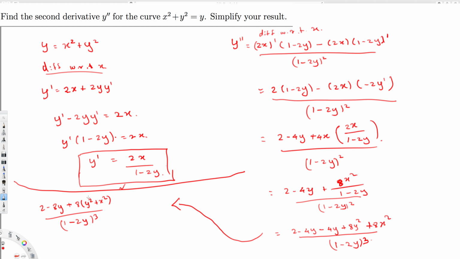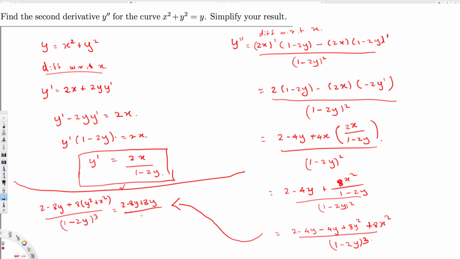I did this for a purpose, because if you see the first equation, the question, they have given y equal to x square plus y square, so I can substitute y for this value. If I substitute, it's going to become 2 minus 8y plus 8 times this y, because y is equal to x square plus y square, that's what we have.